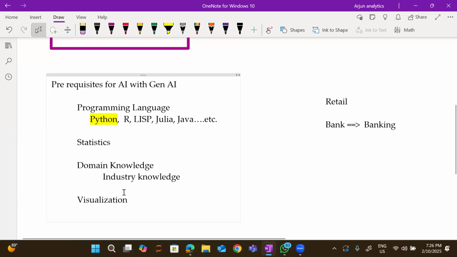What do we mean by visualization? Once you have the data, you clean the data and do all the necessary stuff on the data. Then, if you want to get insights from the data, you will have to present the data.